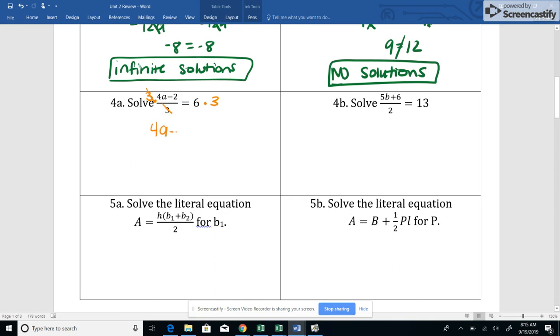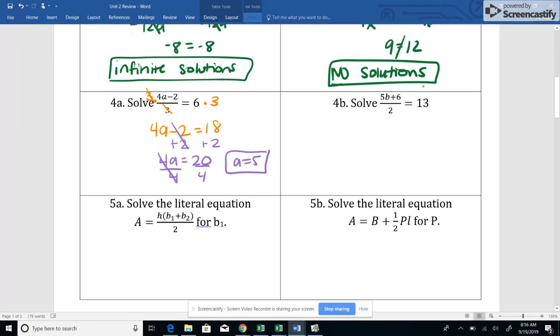I'm left with 4a minus 2. 6 times 3, 18. Now this looks like what we were working with before. So inverse operations to finish it off. I have a minus 2, so I'm going to add 2 to both sides. So 4a is equal to 20. I see multiply by 4, so I'm going to divide by 4, and a is equal to 5.